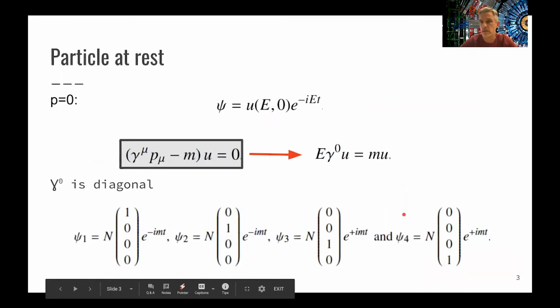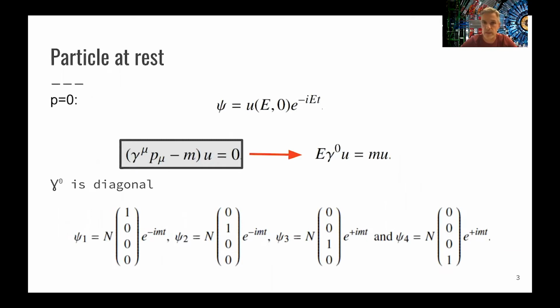And then we can study what happens if we have a particle at rest. The Dirac equation further simplifies to E times gamma 0 U, that's our spinor, equal M times U. Since gamma 0 is diagonal, we can immediately find the eigenstates to this equation.